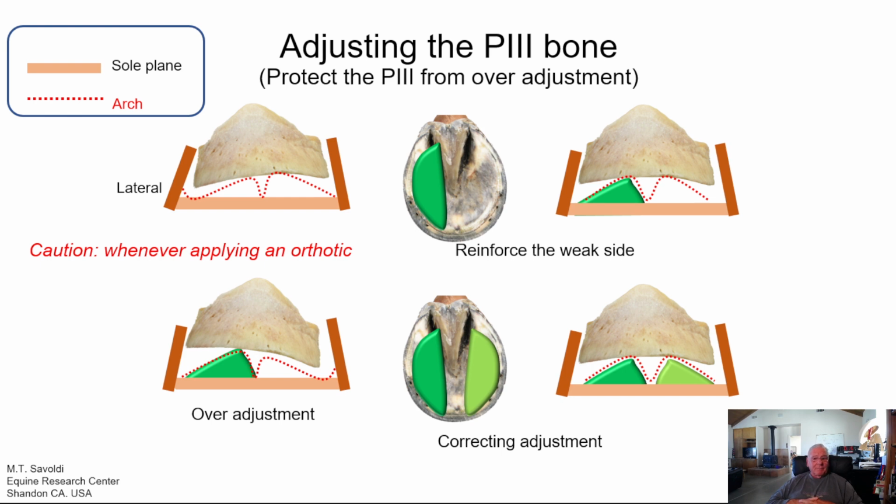Or if you don't have the two durometers, you could use just a little bit less material on the side opposite where you see in this picture here. This could be level to the horizon, or to your pad and your shoe level, but this could be just a little bit less. That's going to counter your over adjustment.